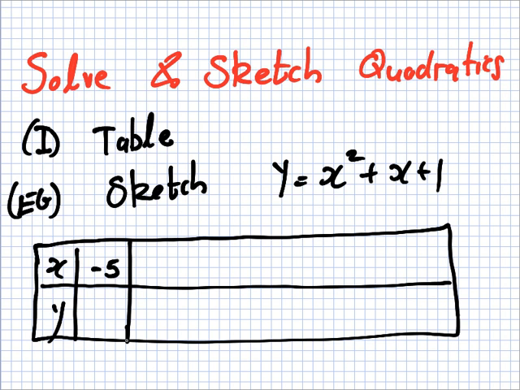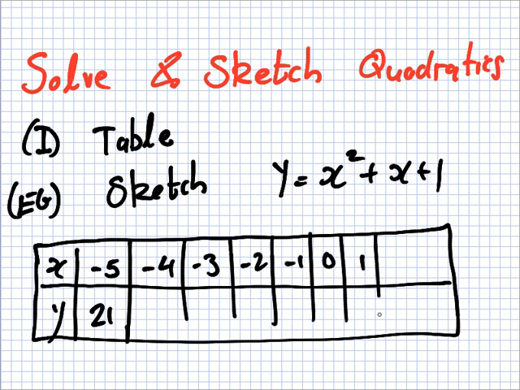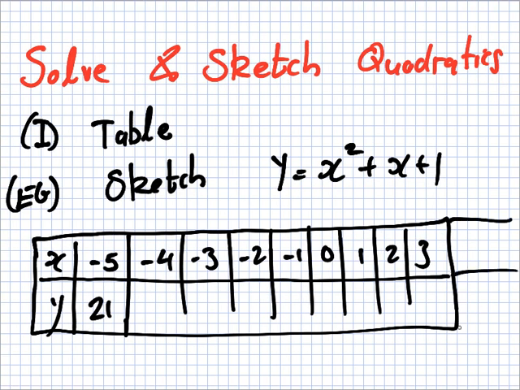Okay, so if we put the -5 in, let's see what we get for y. -5 squared is 25. 25 minus 5 is 20, plus 1, 21 then. Then we have -4, -3, -2, -1, 0, 1, 2, 3, 4, 5.